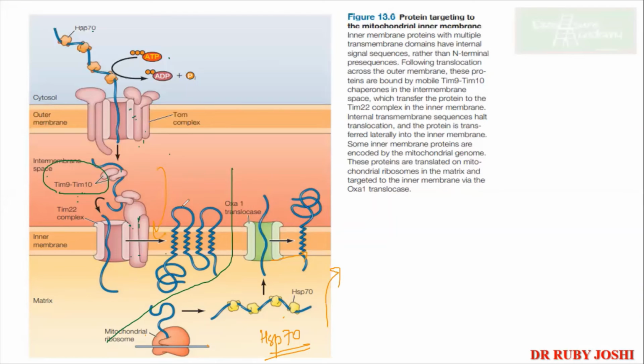So can you see, in both the cases the proteins are meant for your inner mitochondrial membrane. Now the question can be: TIM22 helps the nuclear protein, OXA1 translocase helps the mitochondrial protein. Now did you get it?